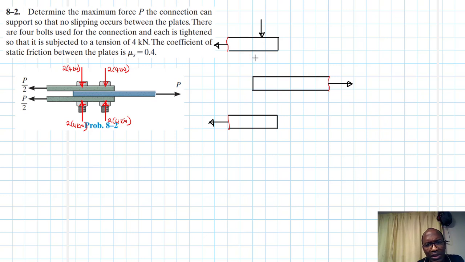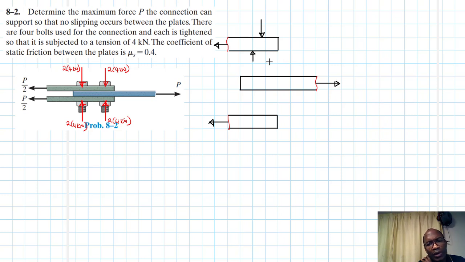So if we didn't neglect that, then we can say we have our normal force maybe somewhere there. Let me move this just a bit, maybe to somewhere there. Okay, so let me assume my normal force is here.